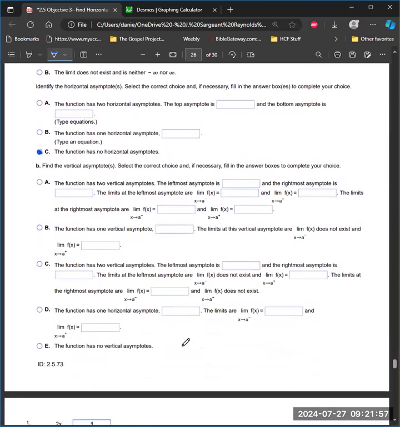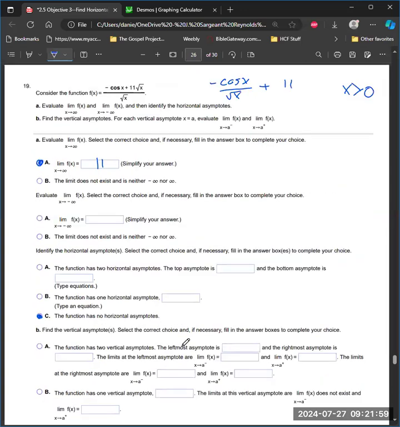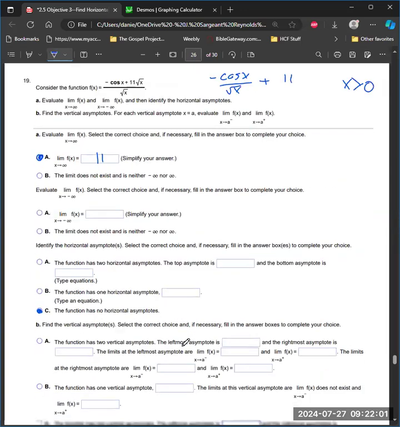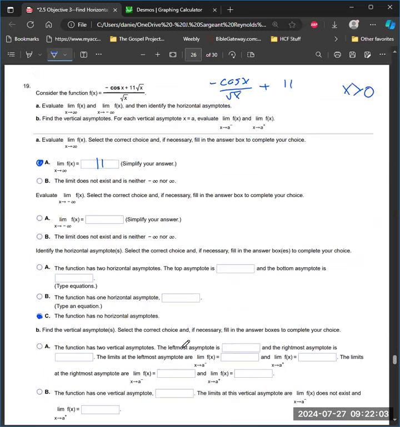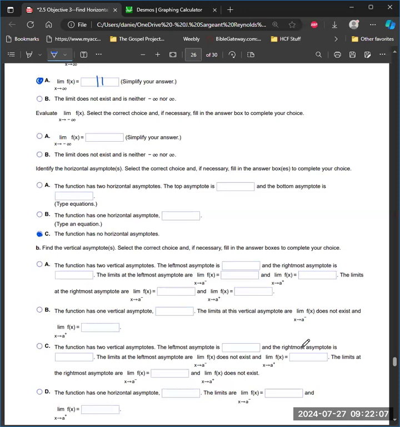Let's see what it has to find the vertical asymptote, and it's at x equals 0. And it's only going to have behavior from one side. So x equals 0.